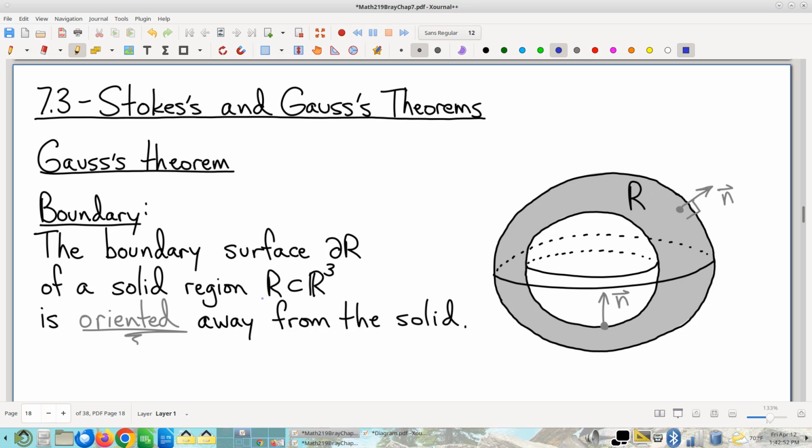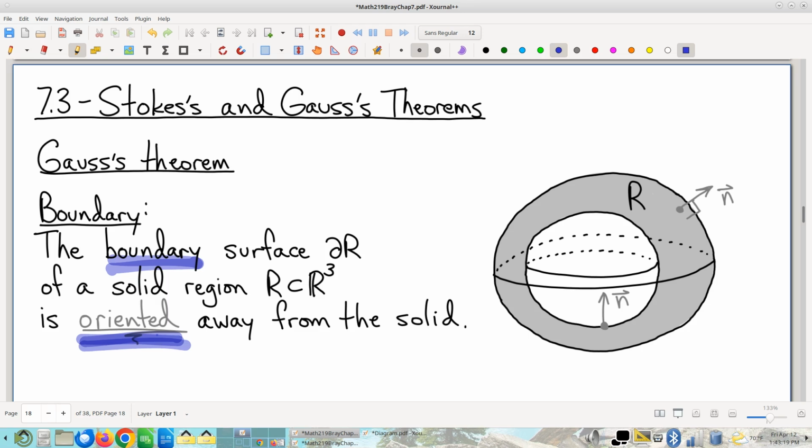Okay, so first of all, boundary. What is the boundary of a three-dimensional solid? Well, as you know, one way to think of boundaries is that it's the border between the set and not the set. A nice, easy way to think about it. But we need to interpret boundary now as an oriented idea, right?